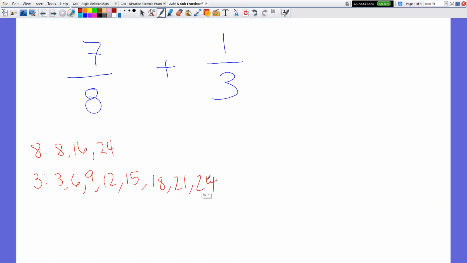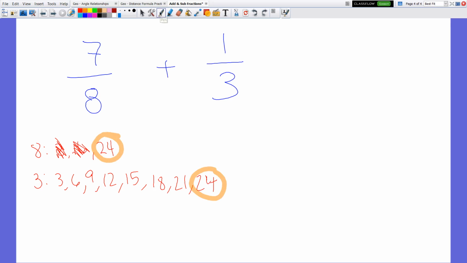All right, so what we're looking for is the lowest or the smallest number that matches up. So far, I didn't see an 8 anywhere in the list of 3s, so that's no go. We saw 15. That's really close to 16, but no go. We can see that the only one that we found that they had in common was 24.